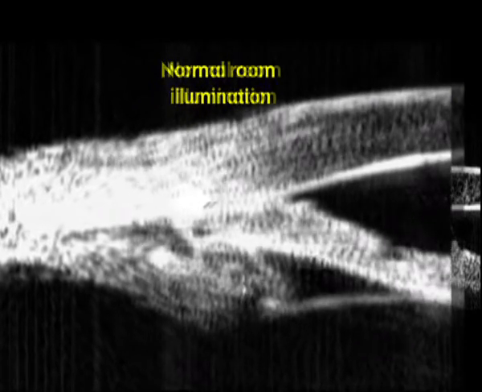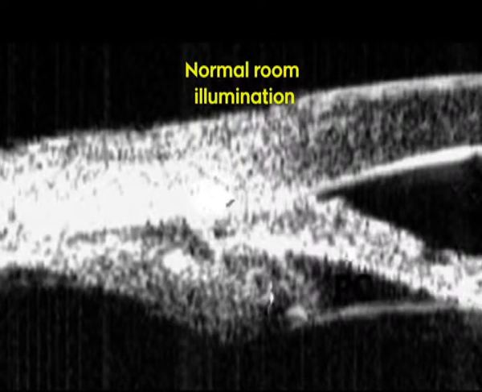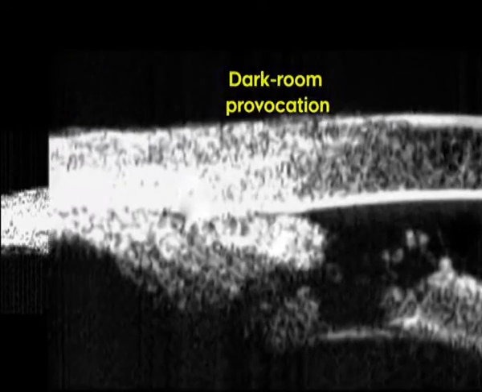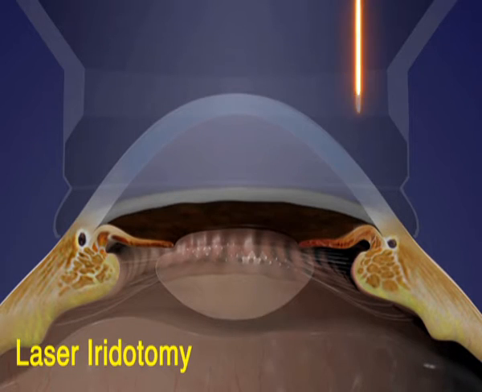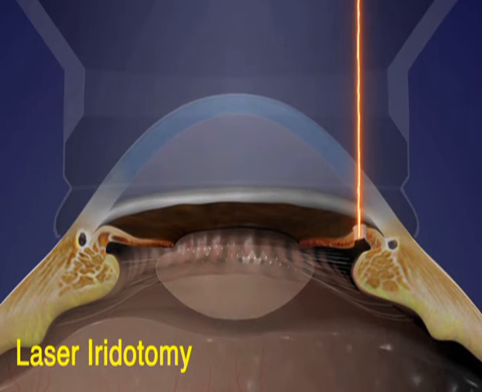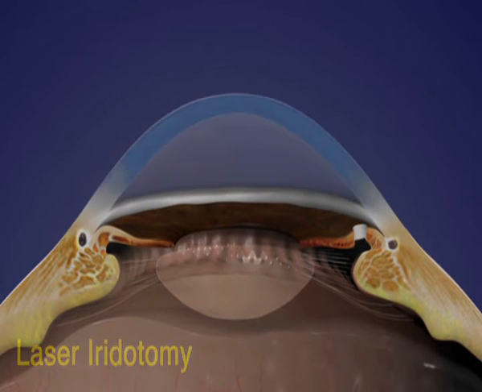Under normal room illumination, the angle with plateau configuration is narrow but open. During dark room provocation and ultrasound scanning, the peripheral iris dilates and appositional angle closure develops. Treatment options. An ND-YAG laser peripheral iridotomy can be performed in initial cases.